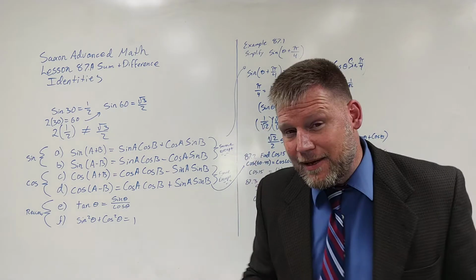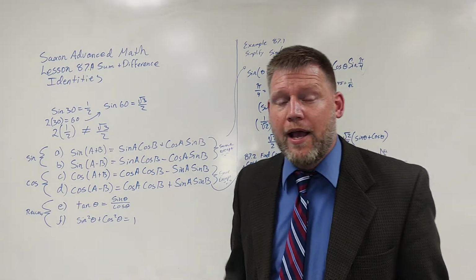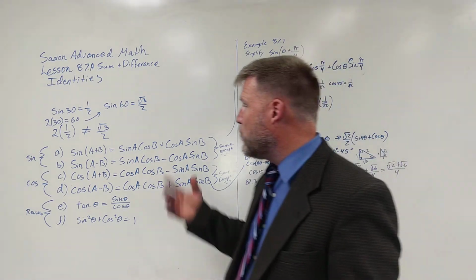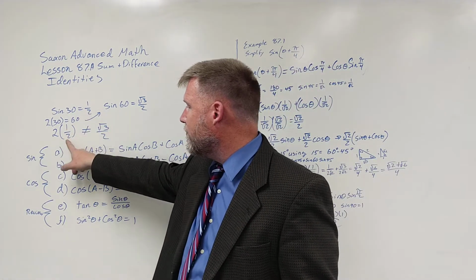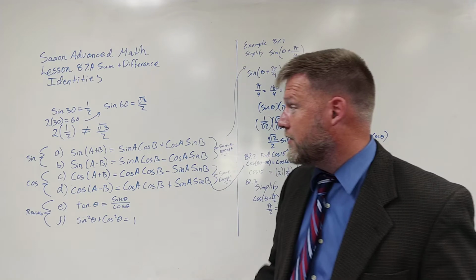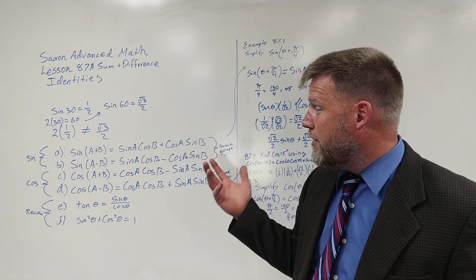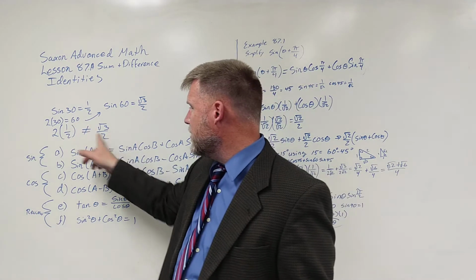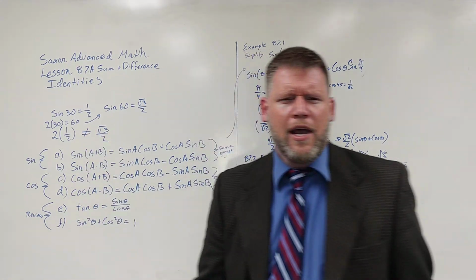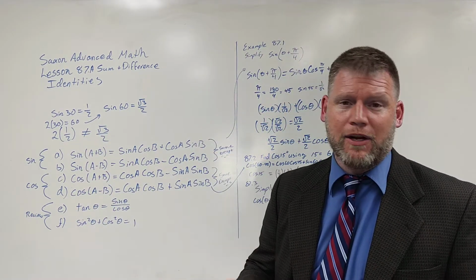In our heads that makes sense, but two 30-degree angles don't give the same as 60, because 2 30s would be 2 times 1/2, right? 1/2 and 1/2, because that's the sine of 30. And that should give me 1 whole, right? But it doesn't. The sine of 60 is actually root 3 over 2. So it's not perfect, right?